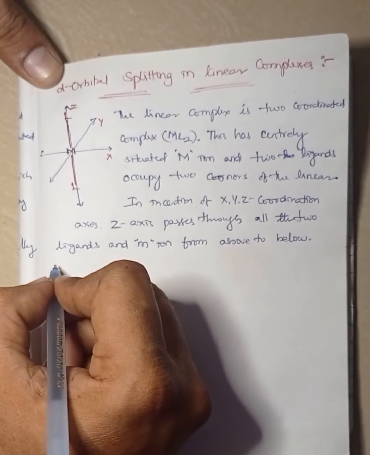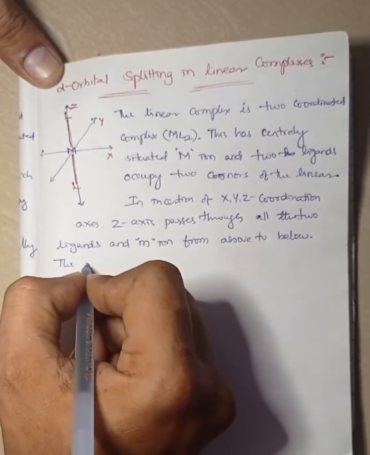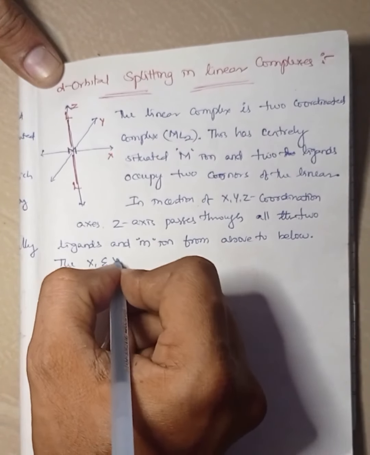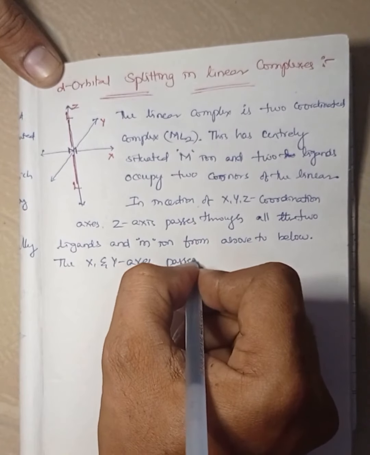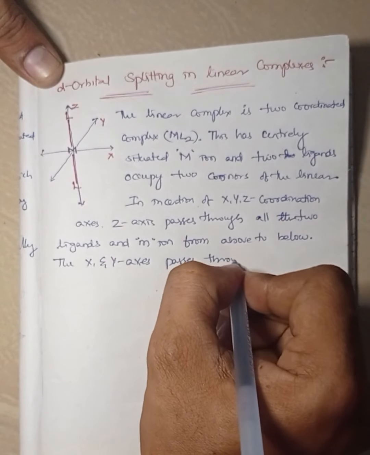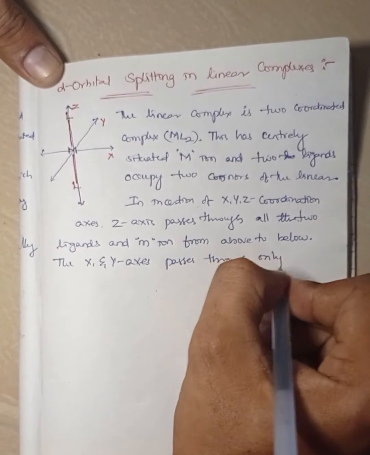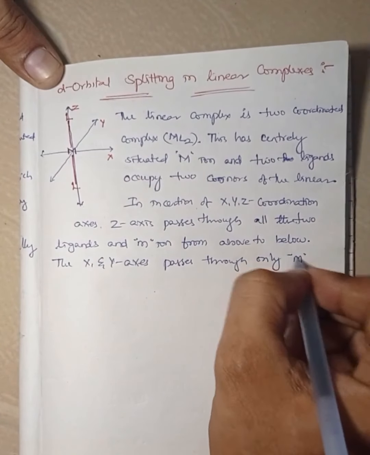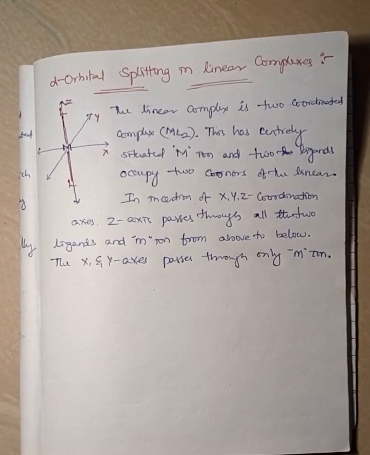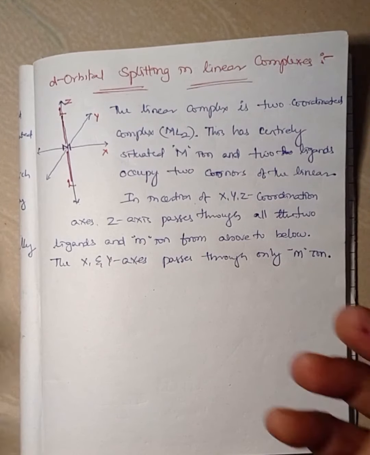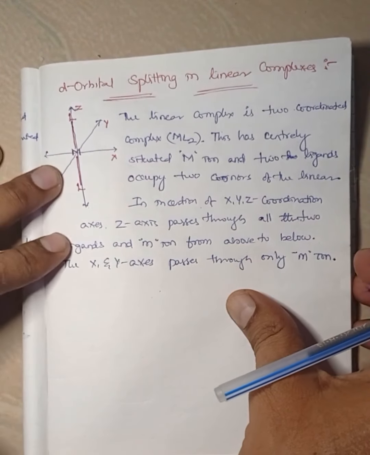The x and y axes pass through only the metal ion. So that's how the coordination axes and ligand orientation are arranged with respect to all three axes.